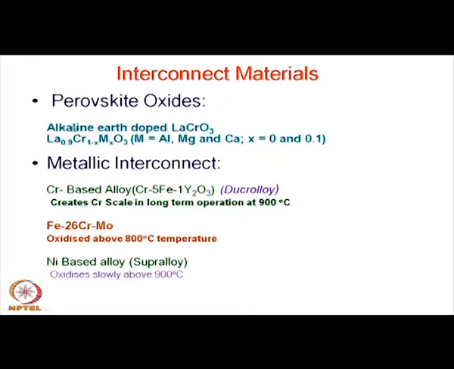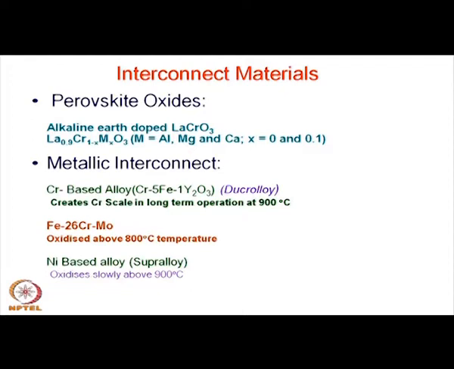So, many different alloys have been tried so far as the metal interconnect is concerned, but in between the temperature of operation of the cells has also come down. Earlier the normal operating temperature was 900 degrees centigrade, now it is less than 800 degrees centigrade.